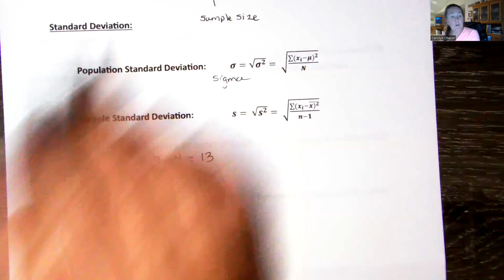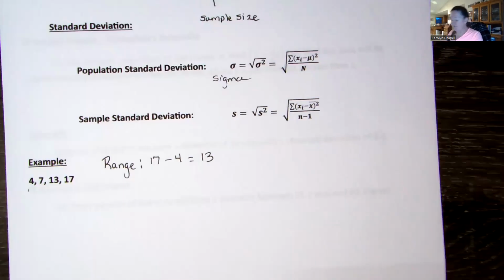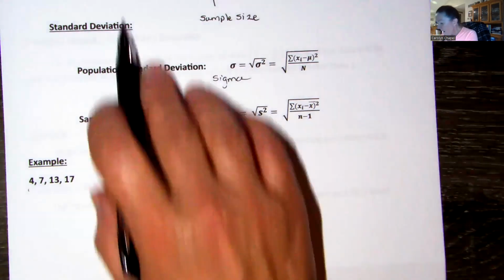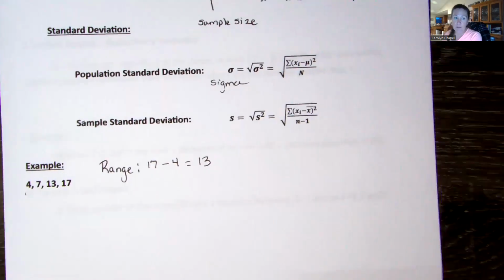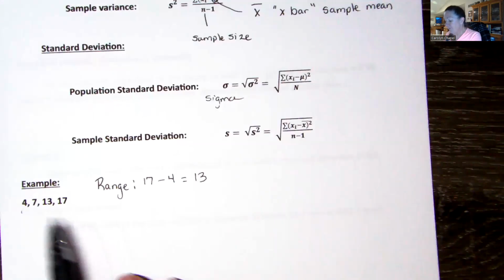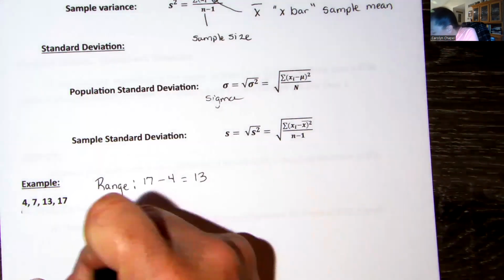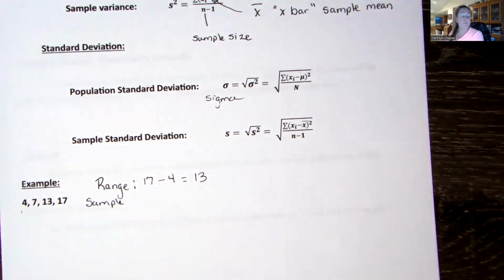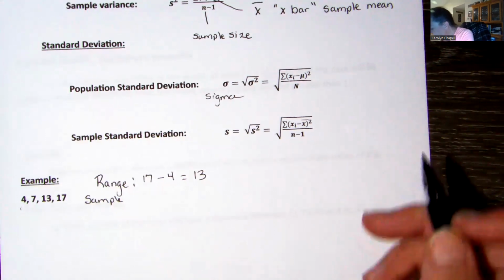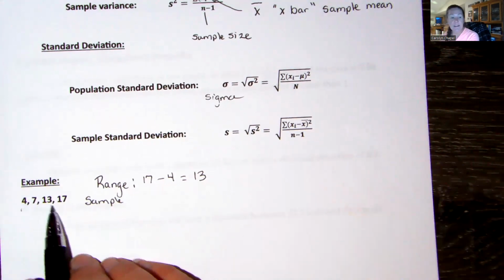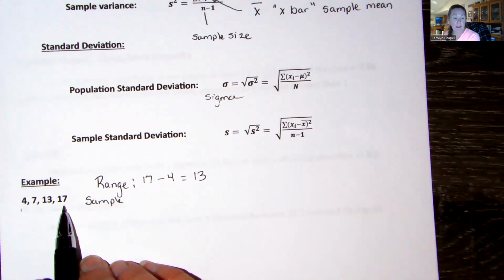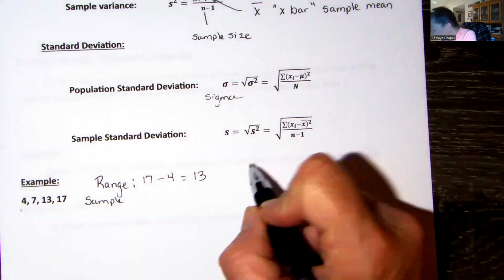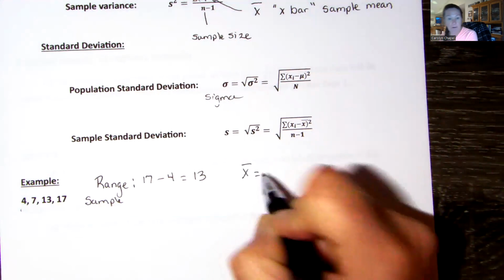Okay, but let's go and calculate our standard deviation. And to do that, I'm going to be going through that variance. And for this example, let's assume this is a sample and not a population. The only difference is in what we will divide by. So the first thing I need to calculate is my sample average, so I need to calculate X bar.